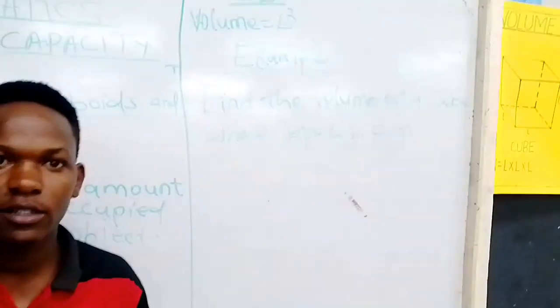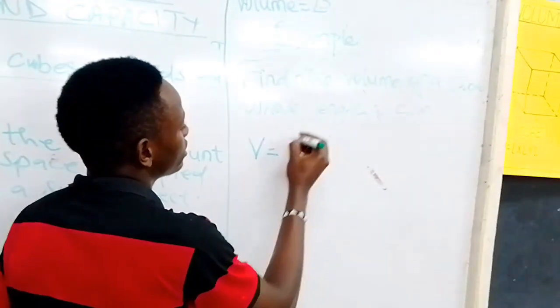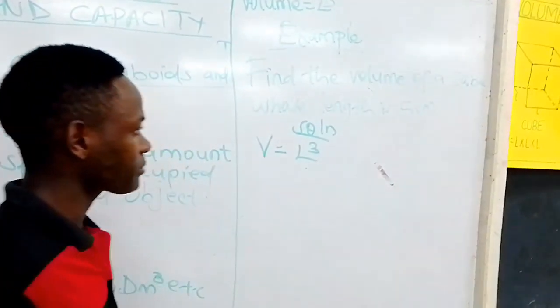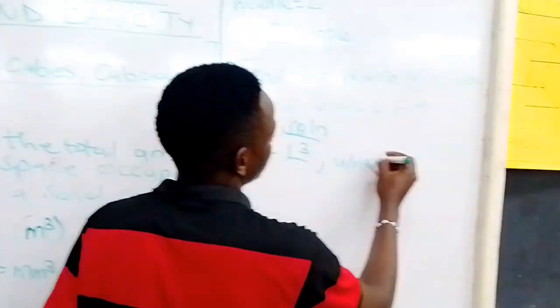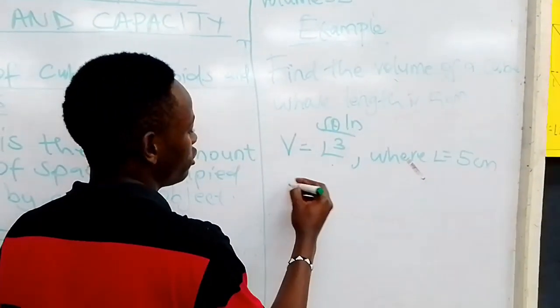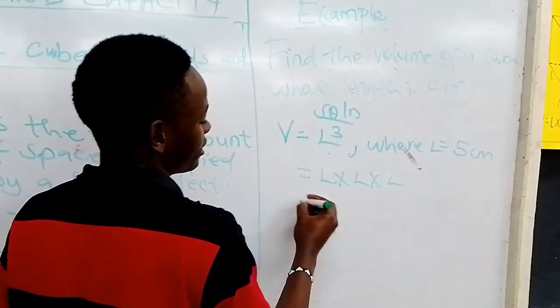First, from our formula, volume is equal to length cubed, where length we are given as 5 centimeters. So our volume will be equal to length times length times length.